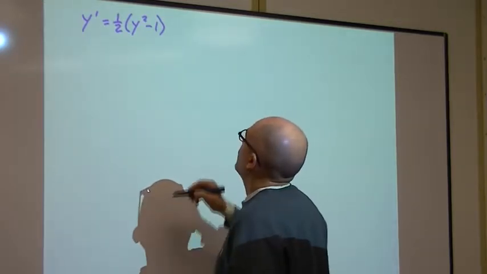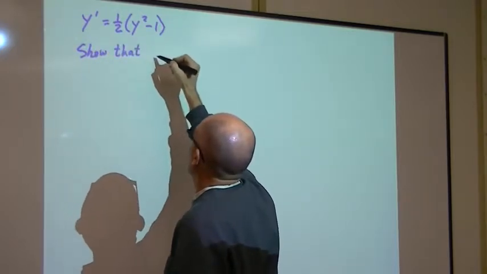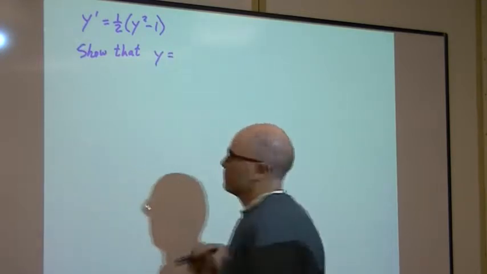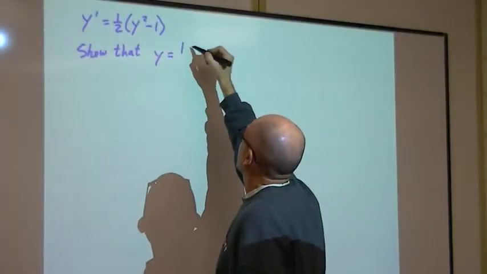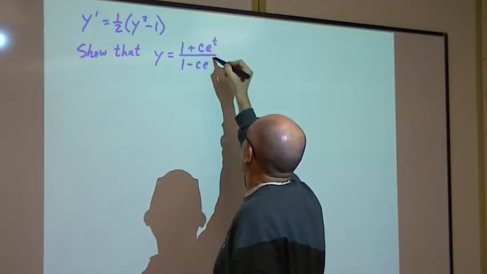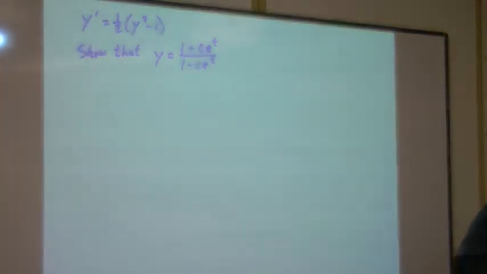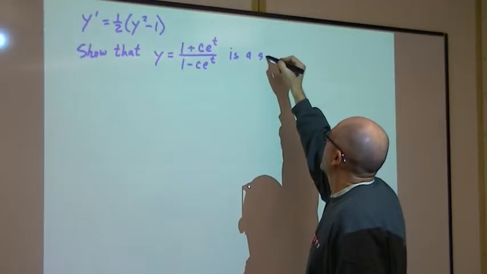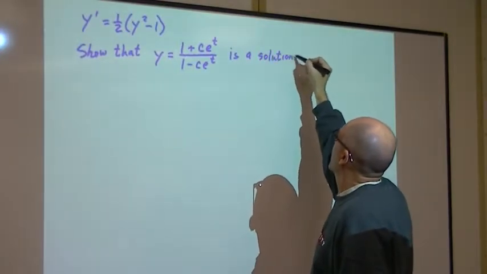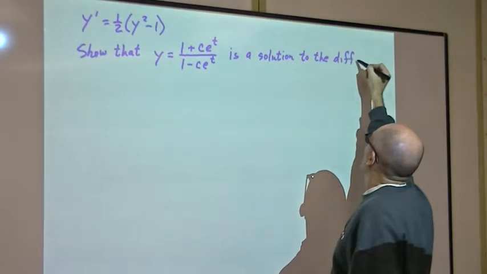And what we want to do is show that y equals one plus ce to the t over 1 minus ce to the t is a solution to the differential equation.